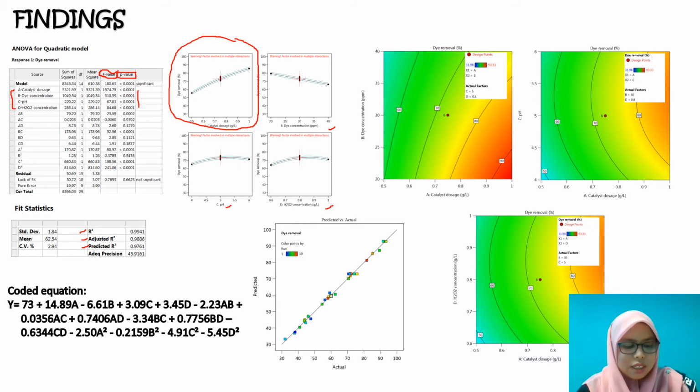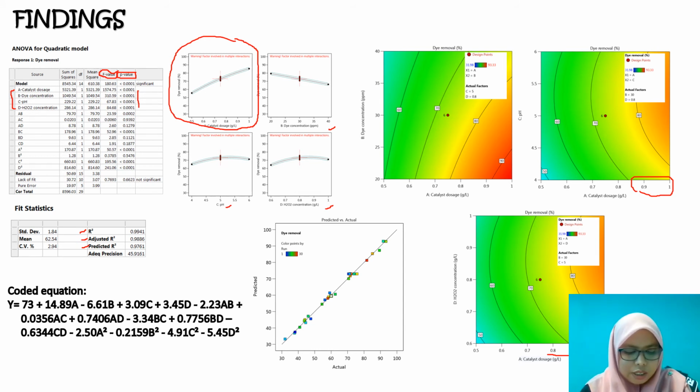It can be seen that the decolorization of acid orange 2 increased up to 80% after 50 minutes at a low initial dye concentration in the range of 20 to 25 milligram per liter, a catalyst dosage of 0.9 to 1 gram per liter, a pH in the range of 5.5 to 6, and an H2O2 concentration of 0.8 to 1 gram per liter.